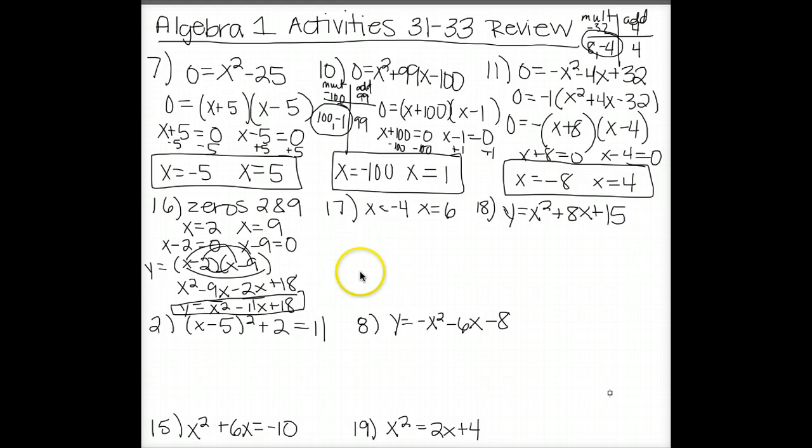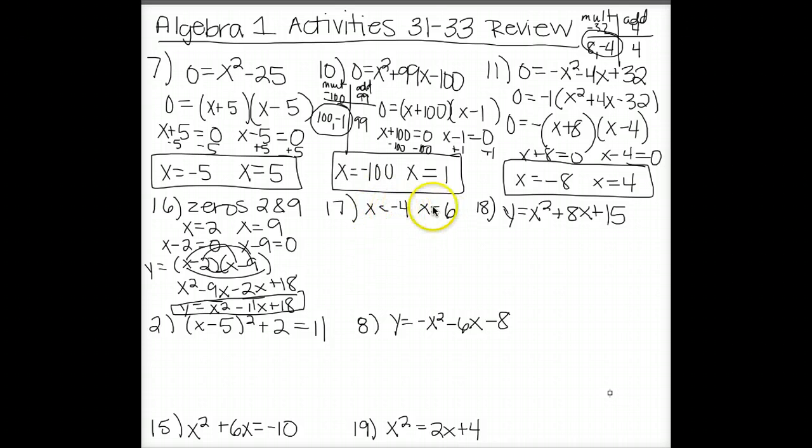Number 17, it tells you that the zeros are x equals -4 and x equals 6, and this time it asks you for the x coordinate of the vertex. So we learned to find the x coordinate of the vertex two different ways. One of them was to take the x coordinates of the x-intercepts and average them.